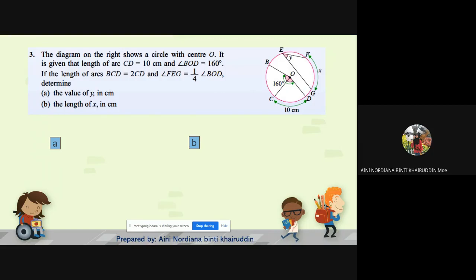So angle BOD, we know that is 160. So to calculate FEG, 1 over 4 times 160. So the answer is 40. So angle y here is 40.